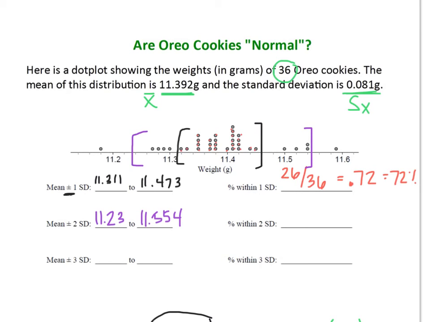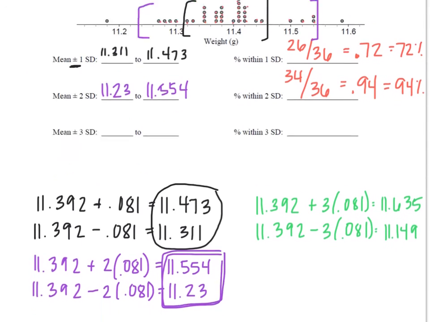Well, I just added 8 dots to my 26 that I already had, so 34 out of 36 gives me 0.944 or 94%. So 94% of my data is within two standard deviations.